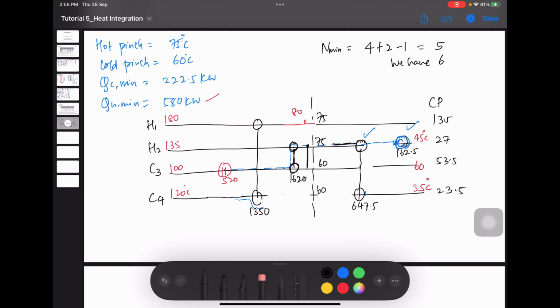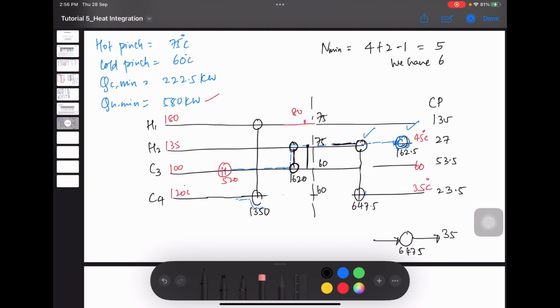So maybe you can just draw a simple diagram here. This is your 647.5, and the temperature here is how much you need to calculate. So here our temperature is 35.